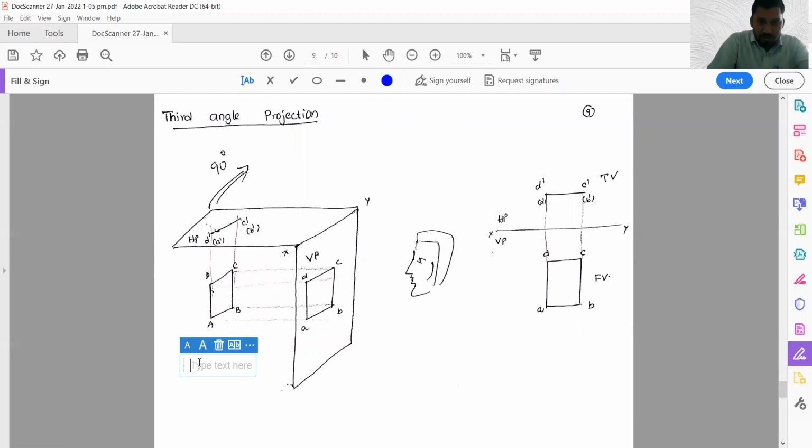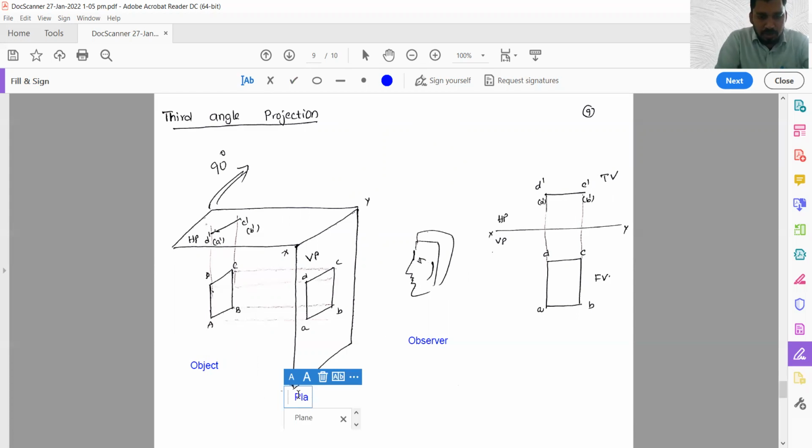This is the object, this is the observer, and this is the plane. The position of the object is below HP and behind VP.